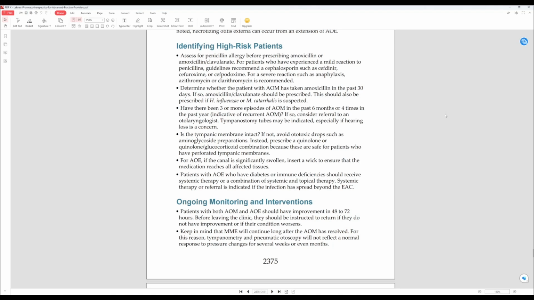Another consideration for AOE is if the canal is significantly swollen: insert a wick to ensure that the medication reaches all affected tissues. And lastly, patients with AOE who have diabetes or immune deficiencies should receive systemic therapy or a combination of systemic and topical therapy. Systemic therapy or a referral is indicated if the infection has spread beyond the EAC.